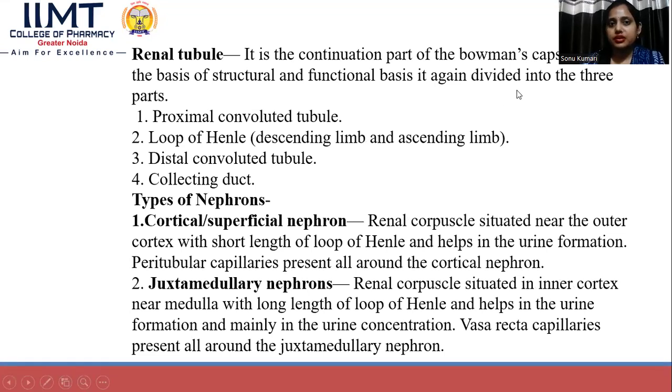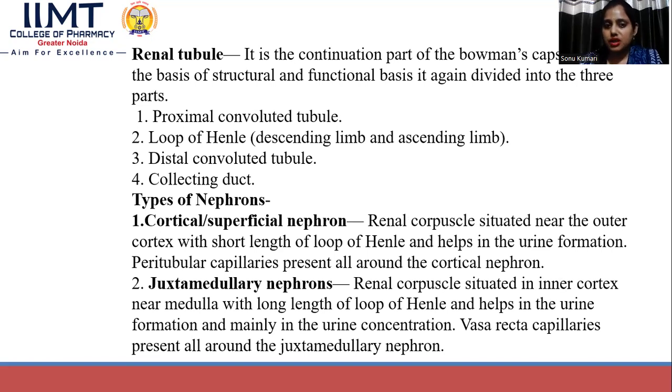Next is renal tubule. It is the continuation part of the Bowman capsule. On the basis of structural and functional basis, it is again divided into three parts. First is proximal convoluted tubule, second is loop of Henle, third is distal convoluted tubule, and last is collecting duct.